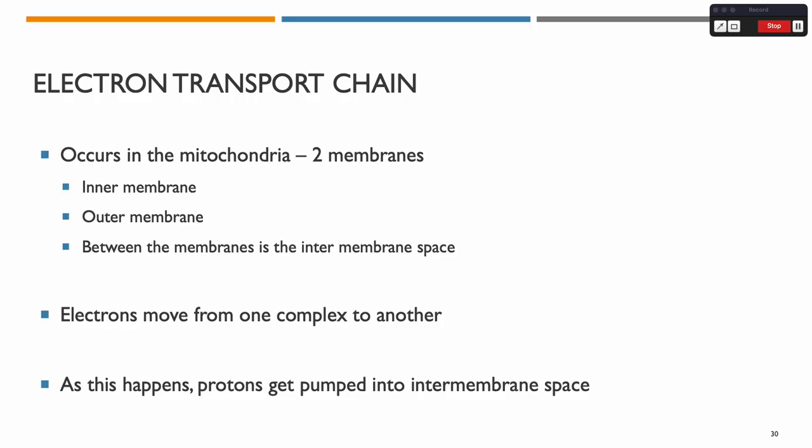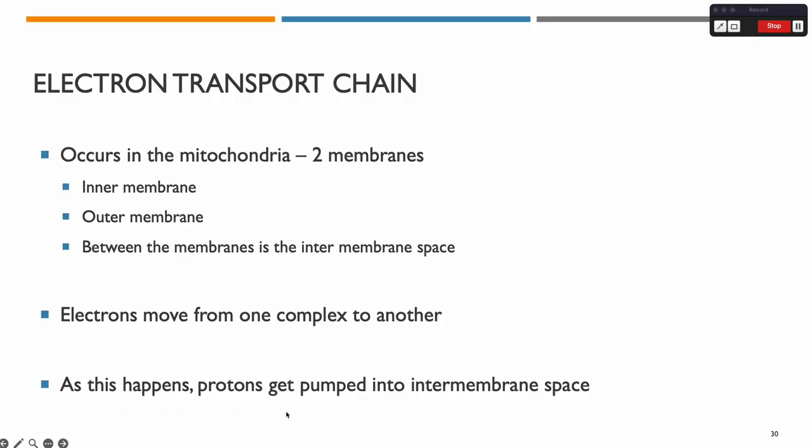What happens is between the inner and outer membrane, we have this inner membrane space. And this is really important for us to be able to build up a concentration of hydrogen ions that will help us to make that ATP. And so within the inner membrane, there are all these complexes and proton pumps that'll help move those hydrogens.